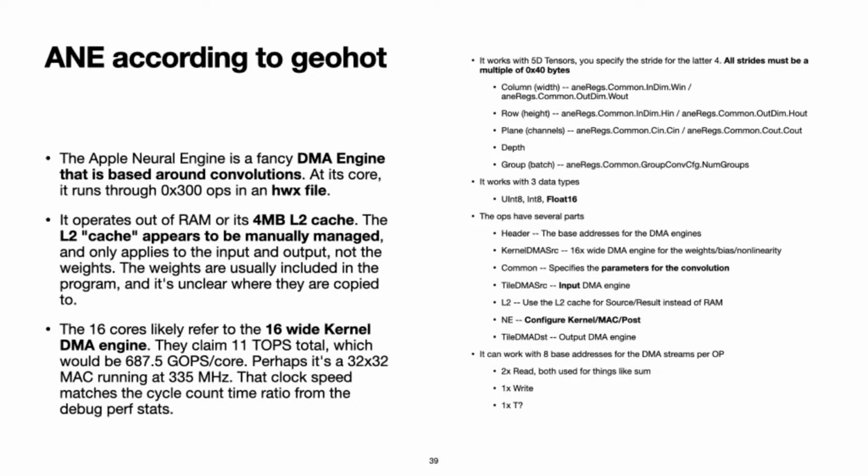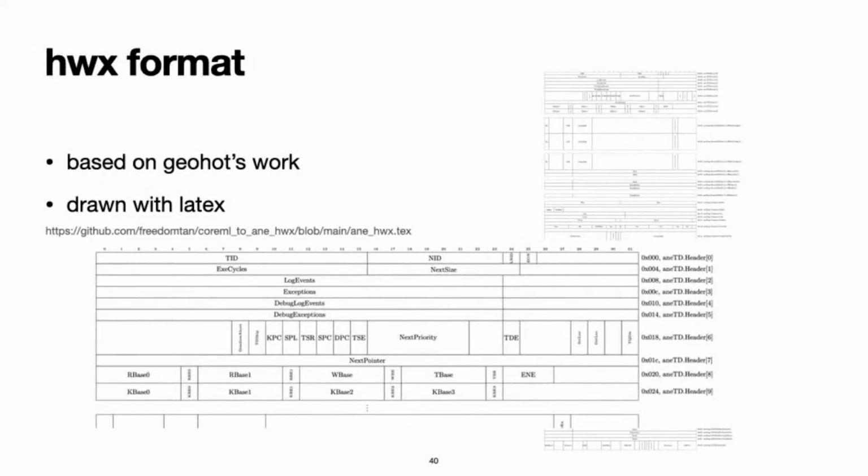If you want to know more about those details, I suggest reading the ANE-related code in tinygrad or watching geohot's hacking videos on Twitch or YouTube. The information on the right-hand side of the previous slide is actually summarized from this big table by geohot. Based on geohot's description and the programs, I drew this with LaTeX.